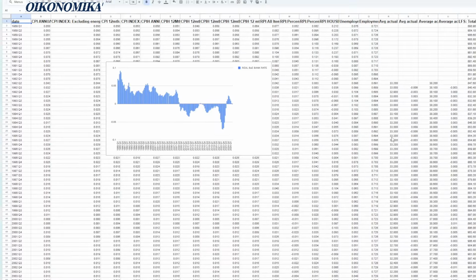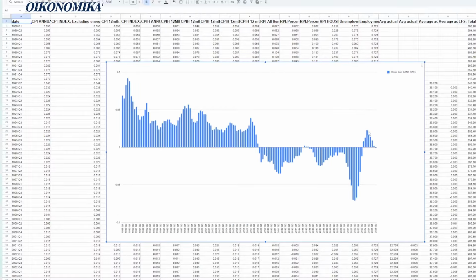There is a huge load of data. Here we have this fancy chart that I was extrapolating myself of the real bank rate. So actually for the Bank of England, the real yield on the sterling money market is slightly negative, so it's already an accommodative, slightly easing bank rate.